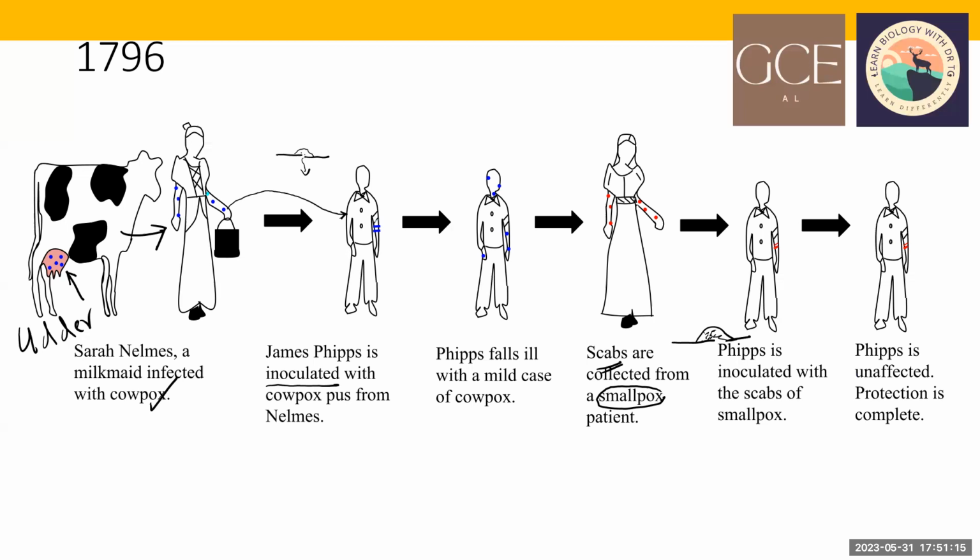So he thought there is some kind of protection with cowpox. The immune system makes a response against cowpox. This can protect against smallpox. So this is the discovery of the vaccine. In 1796, this is the discovery of the vaccine, and the smallpox vaccine is the first vaccine developed. As a result, in the long run, smallpox was completely eradicated.